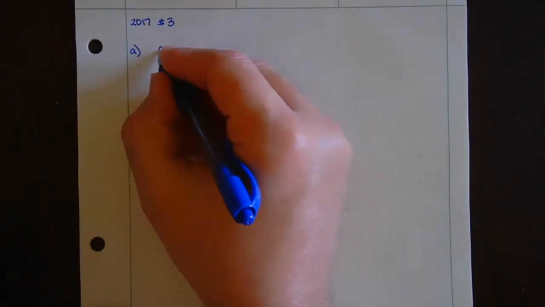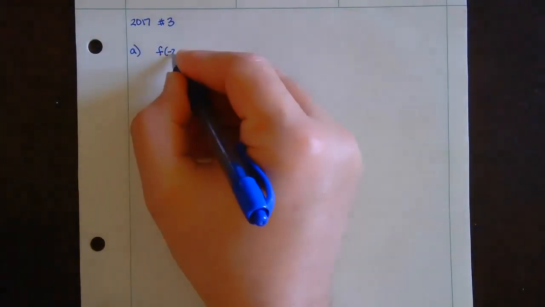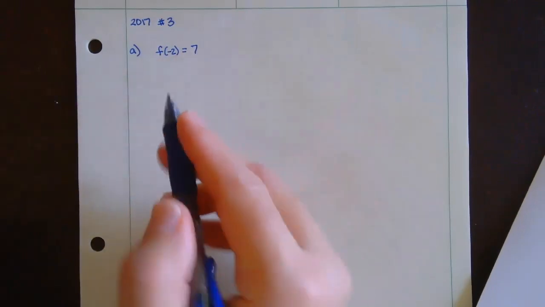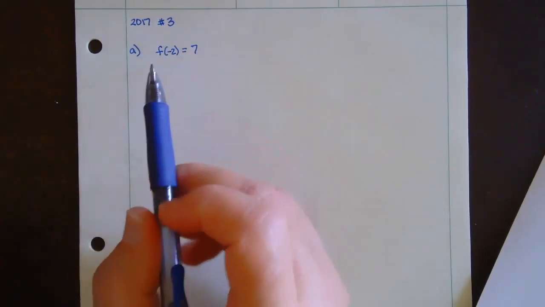We'll go to our paper and do that. What's important here is that we know that f of -2 is equal to 7, because we're going to integrate to get f of -6.